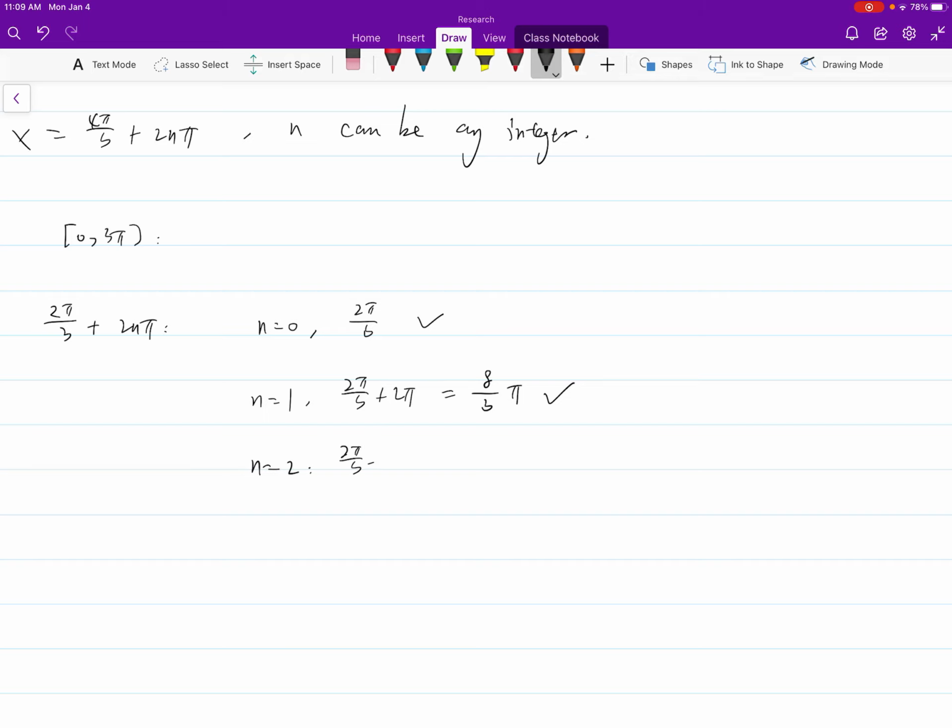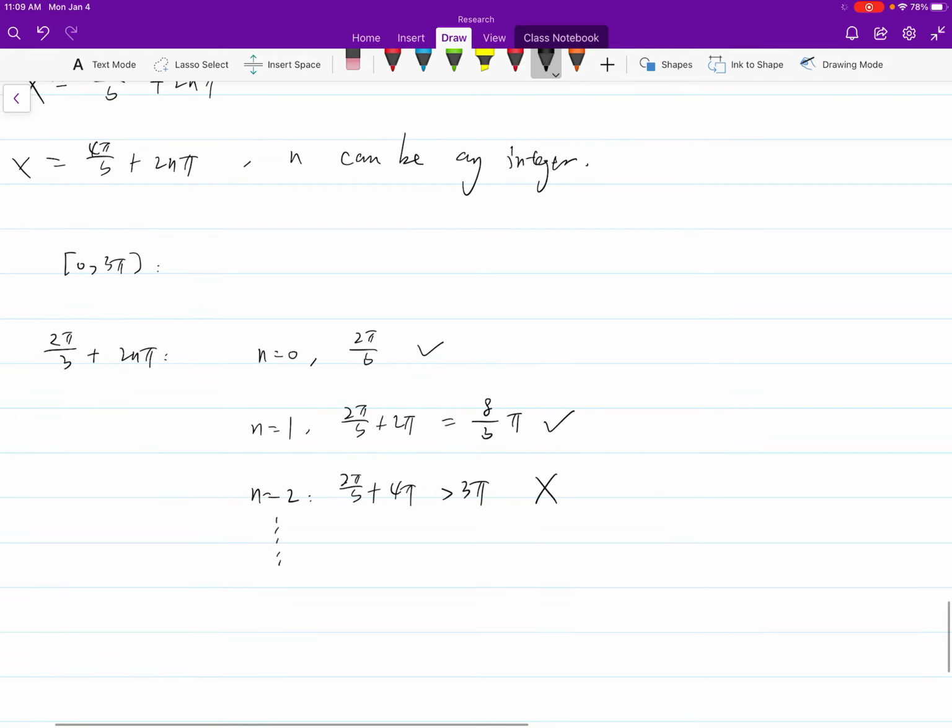N equals 2. 2 pi over 3 plus 4 pi, another 2 pi. Certainly it's bigger than 3 pi, therefore it's not qualified. Once this one is too big, anything after that will also be too big because you keep adding 2 pi. So only these two qualify if you go this direction. Of course, you can go the other direction. That is n equals -1.